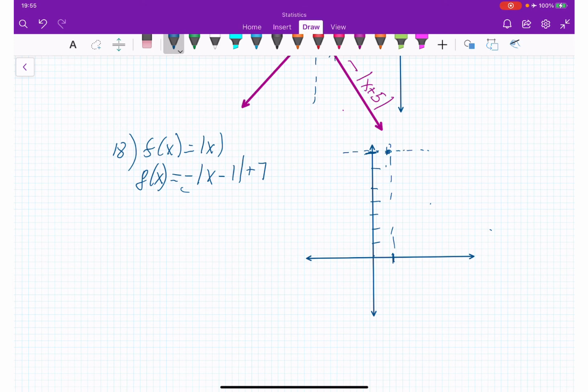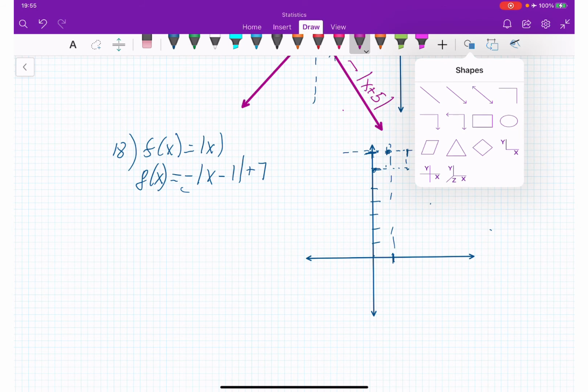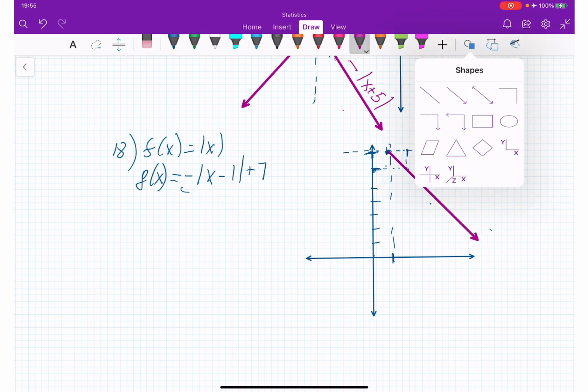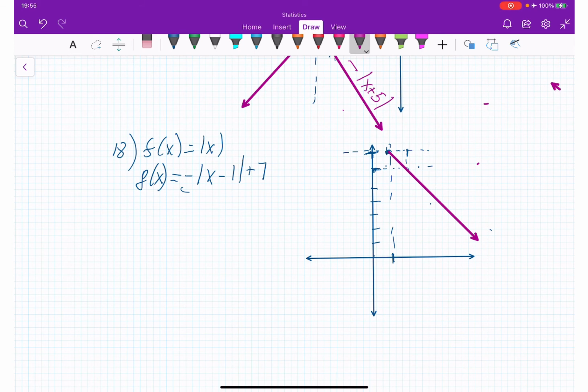So here is 1, here is 1, and it's going to go through this point and this point. One is going to go like this, and the other one is going to go like this.